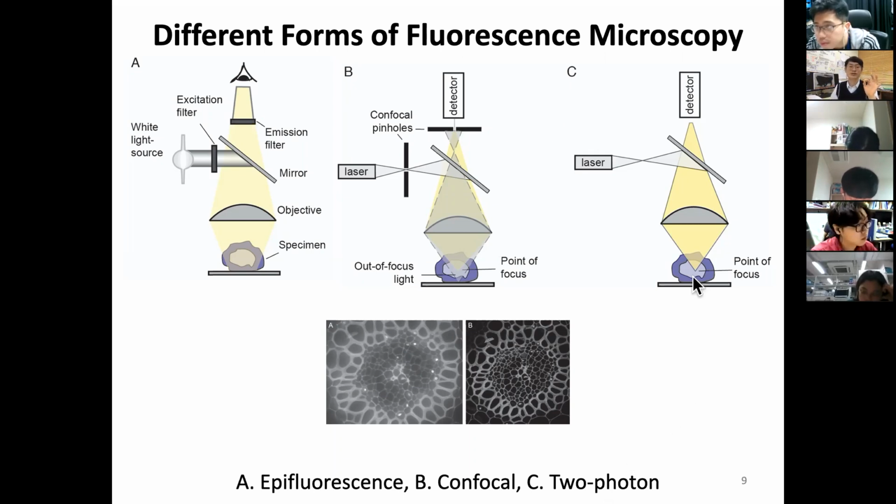So what's good about that? We know exactly that the emission light will only come from this point. Then do we have to care about out-of-focus light? No. Then do we need this confocal pinhole? No, because we know all the emission photons are always coming from this specific location.